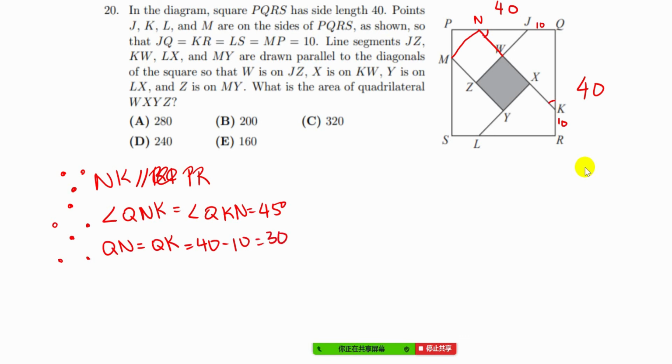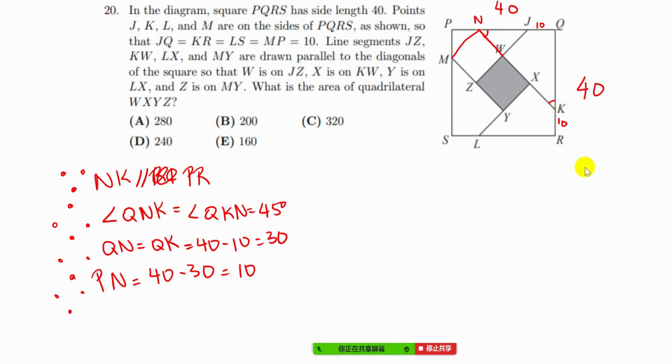We know that QN equals QK because the two angles at the bottom are both 45 degrees, which means it is an isosceles triangle. QK is just QR minus KR, so 40 minus 10, which is 30. And then PN equals 40 minus 30, which equals 10, because PN is PQ minus NQ.